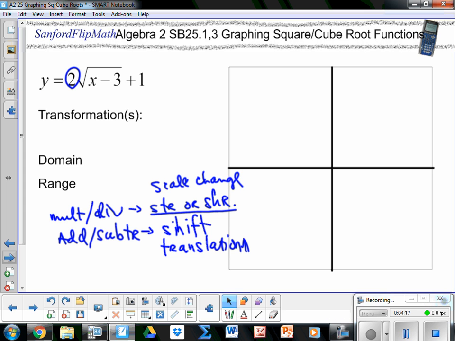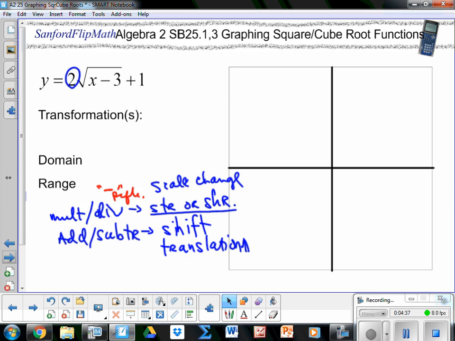Then there was a special case of multiplication or division, and that's if you multiply by a negative. If you multiply or divide by a negative, you get a reflection, and it totally depends on which variable the negative is on. If it's on the inside, it does things differently than on the outside.